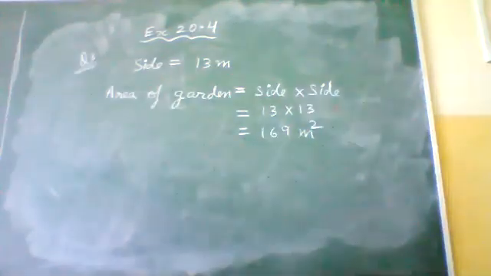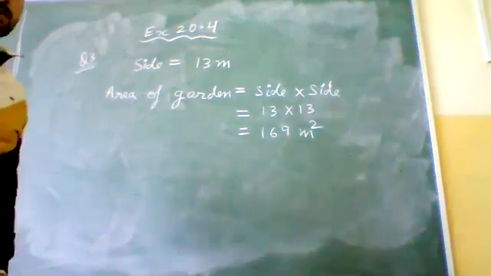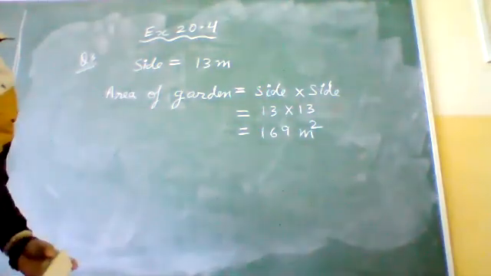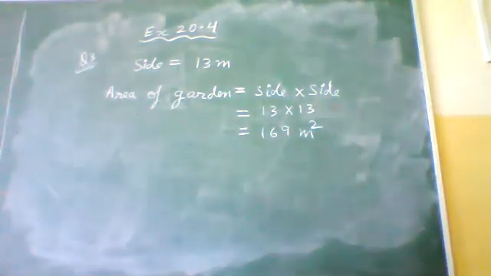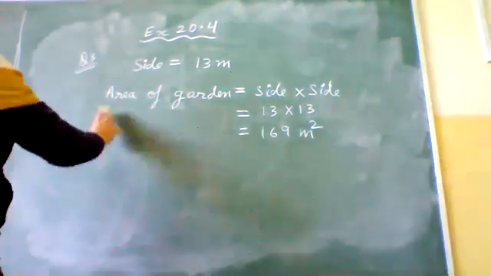Okay, fourth one. There is a rectangular scarf. The area of the scarf is given, and the width of the scarf is also given. We just have to find the length of the scarf.